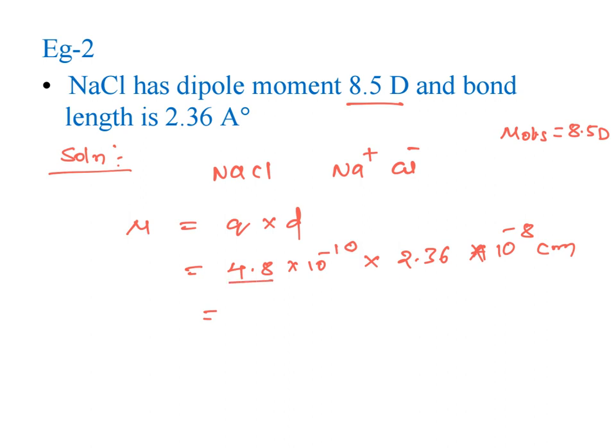So 4.8 into 2.36 is approximately equal to 11.3, into 10 power minus 10 plus minus 8, ESU cm. So it becomes 11.3 D. Now the percentage of ionic character.